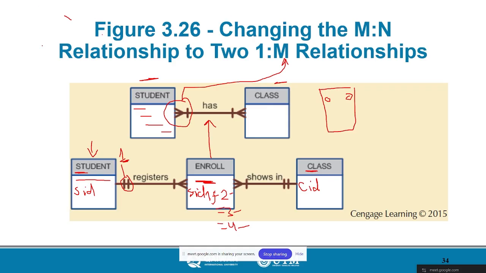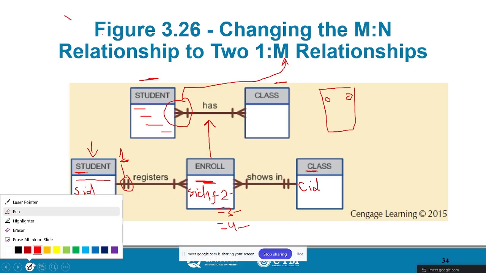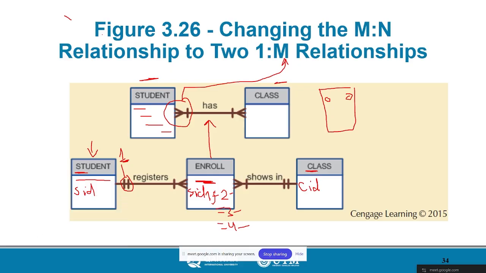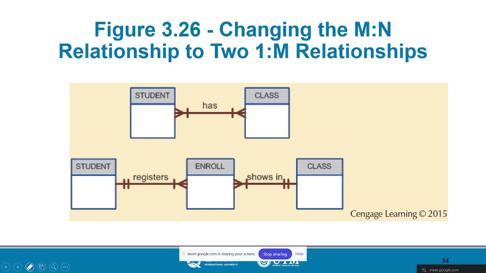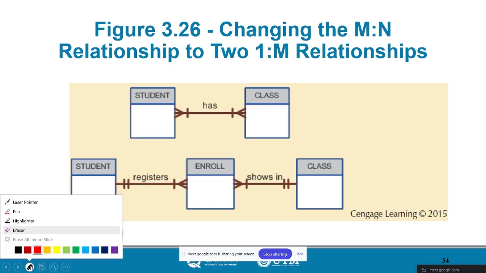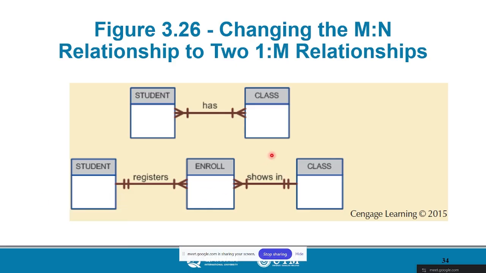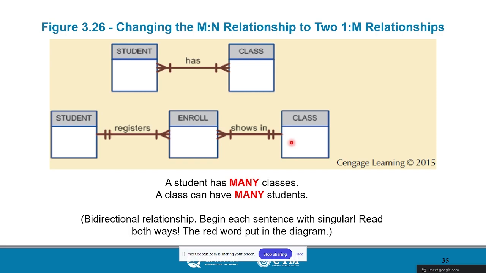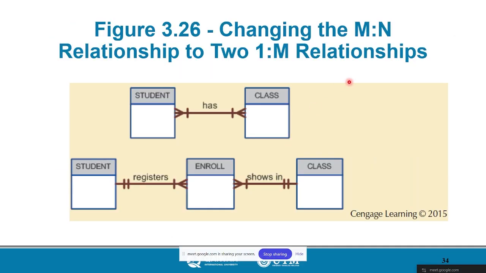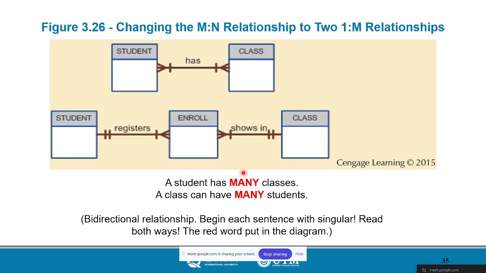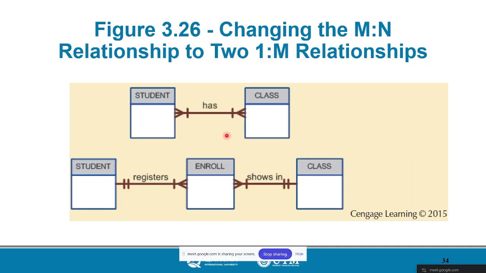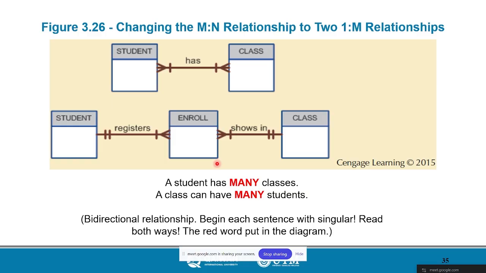Now, let me erase. Now, changing the M to N relationship to 1 to M relationships, as we explained here. Here's the text. I explained it here, correct? However, we have also this.